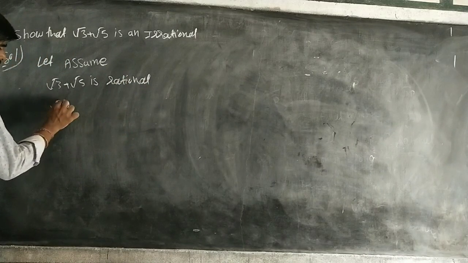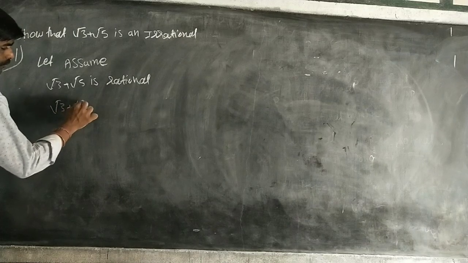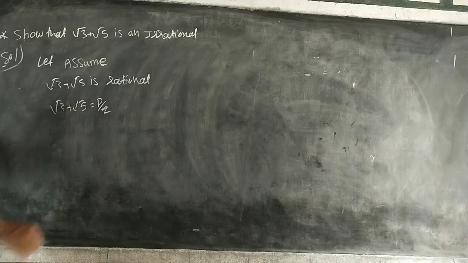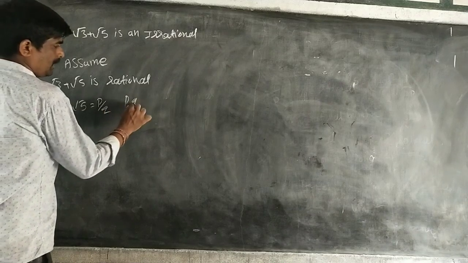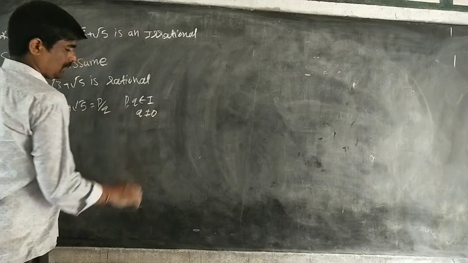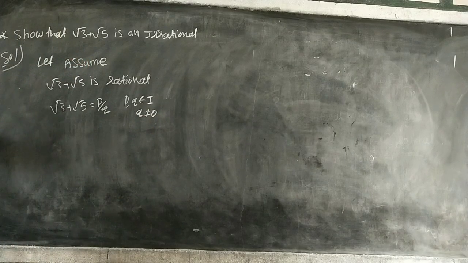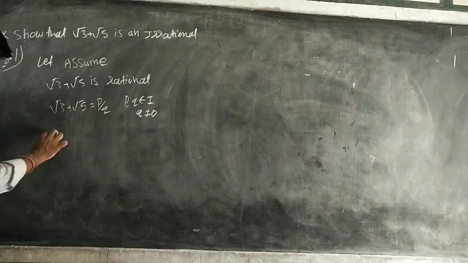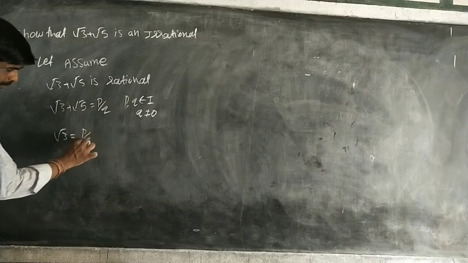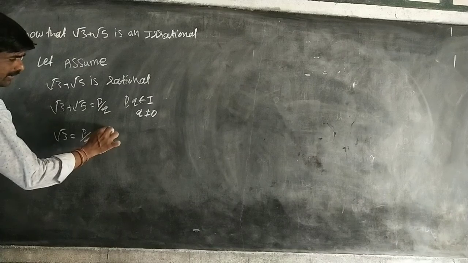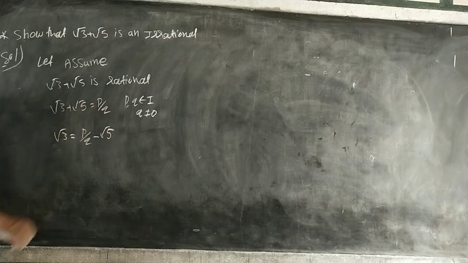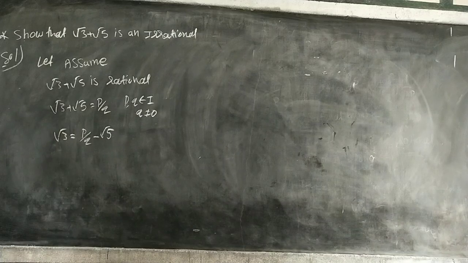Therefore, root 3 plus root 5 is in the form of p by q, where p, q belong to integers and q is not equal to 0. Now, root 3 is equal to p by q minus root 5, because plus root 5 brought to this side becomes minus root 5.